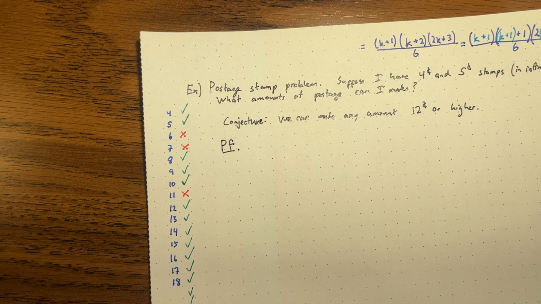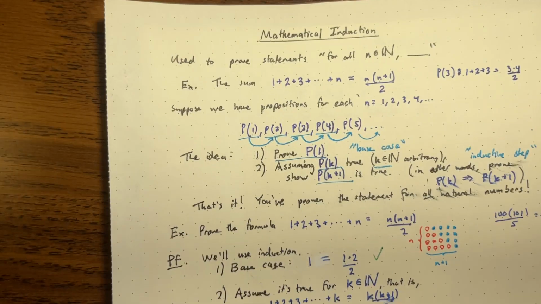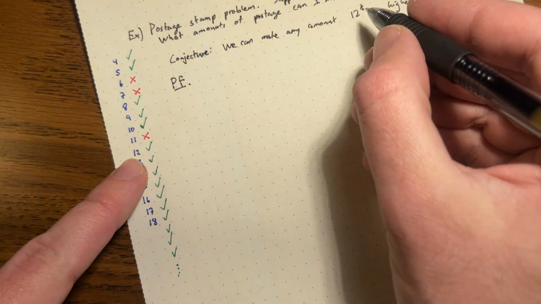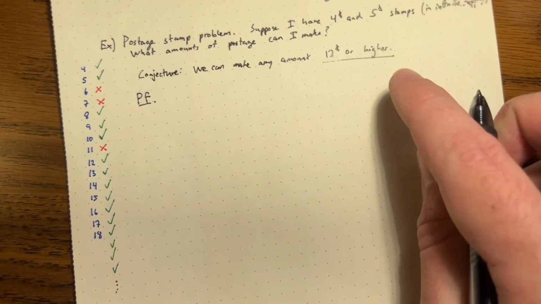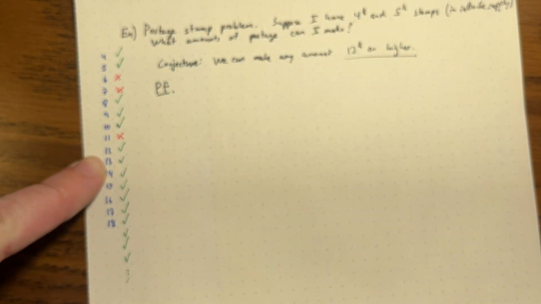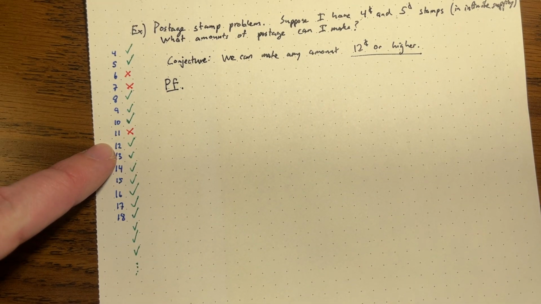Here's the thing I didn't mention. You don't have to prove p of 1. You just prove wherever you want to start. So if we want to say a statement is true for all natural numbers greater than or equal to 12, we're going to make our base case 12. Okay?